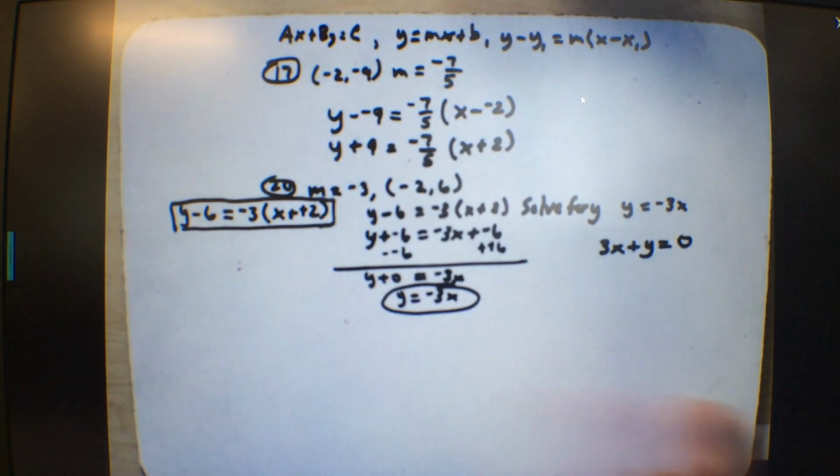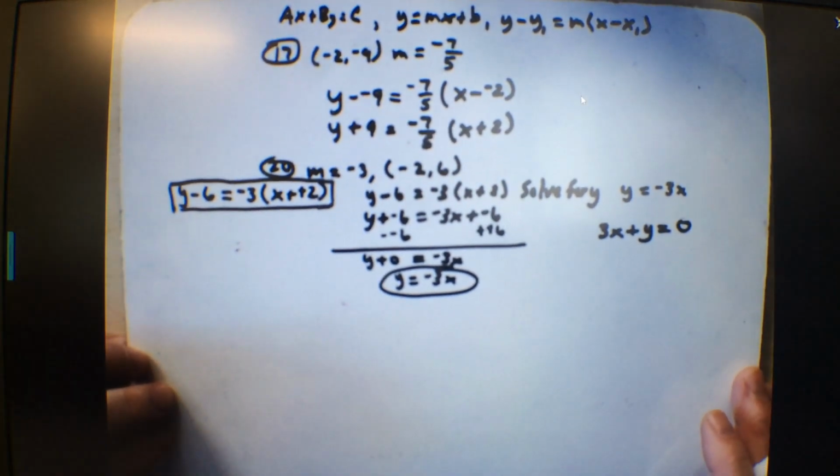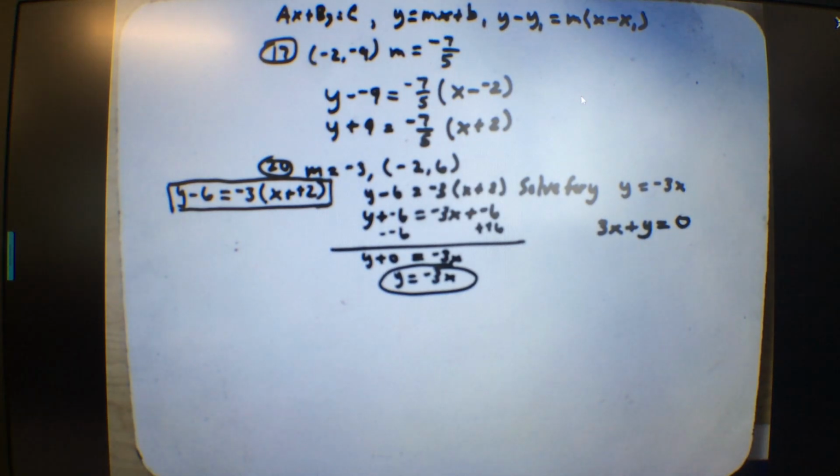Okay, any questions? Yes, sir. Number 18. Yep. Should it be a negative 6? It should be y equals 0. It's a horizontal line. So it should be y equals 0. That's a bad boy, remember?